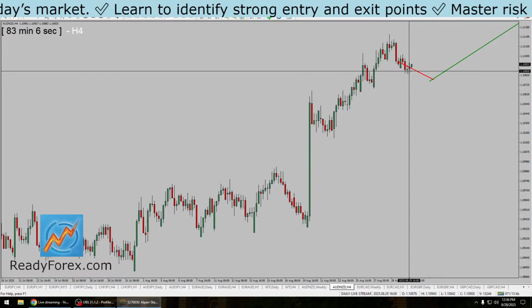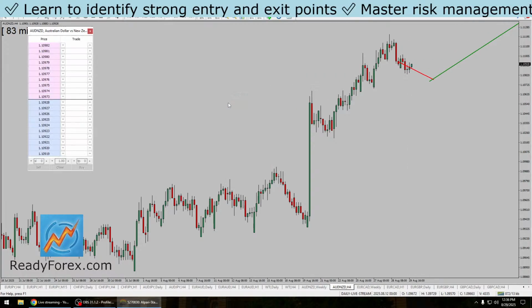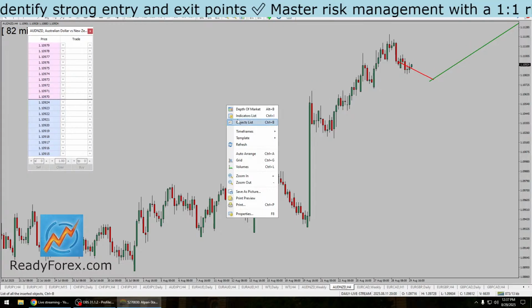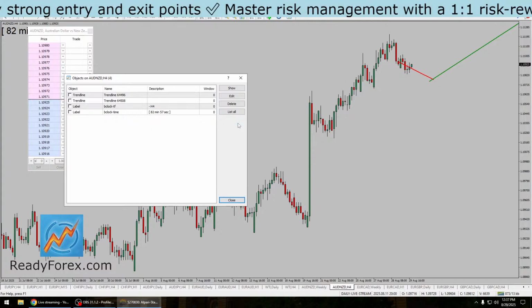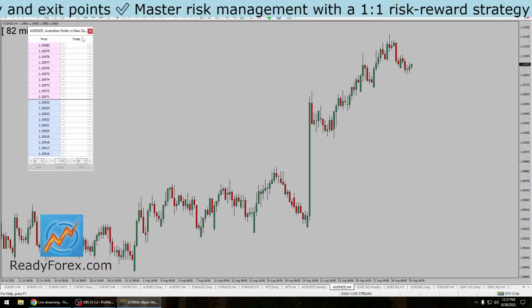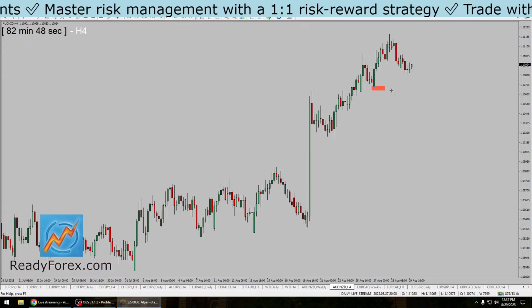To me, this is just a shallow pullback, and if price action is going to show some bullish reaction at the old swing high, then we could look for potential buy trade setup. Otherwise, wait outside.